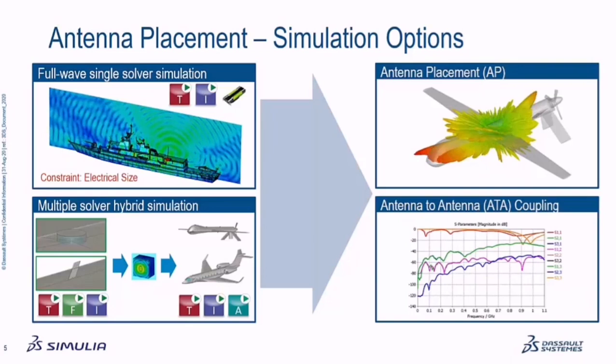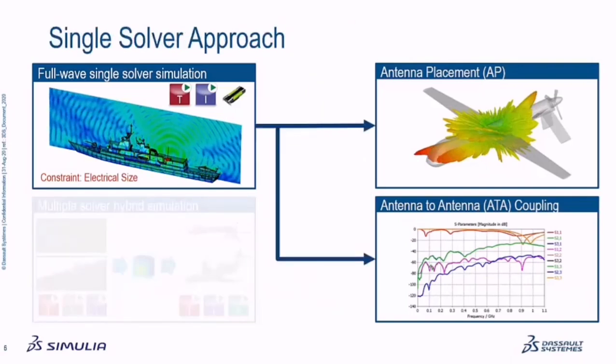And if we go with the single solver approach, we get both information. We do not need to consider which solver we have to use here, or the setup is equal to a standalone antenna simulation.